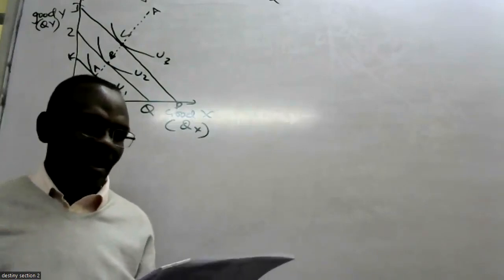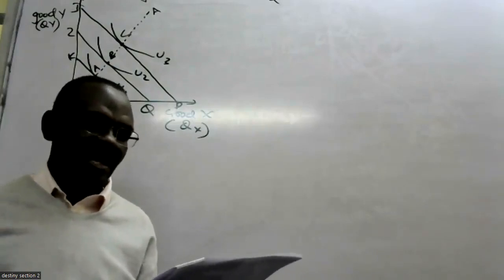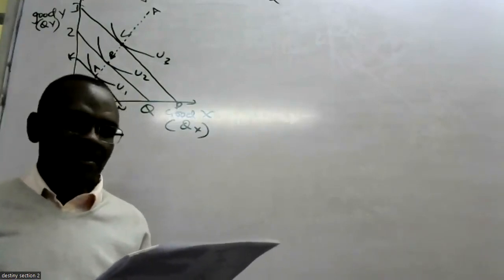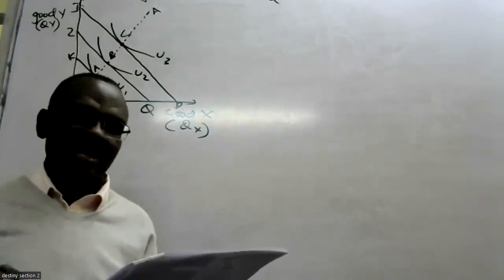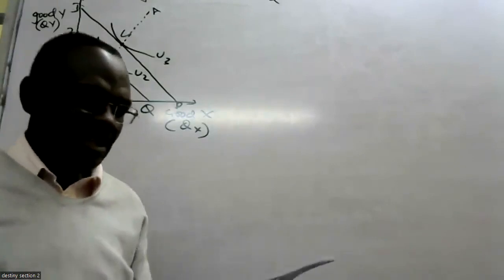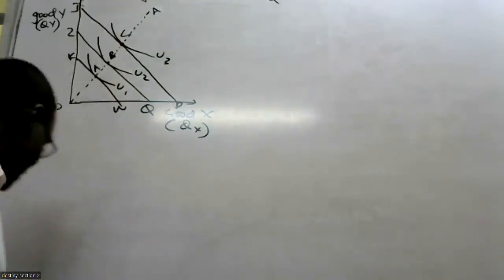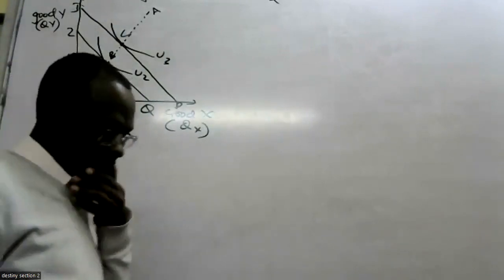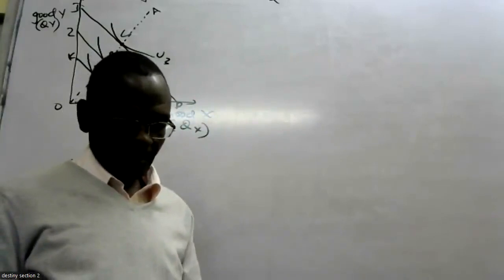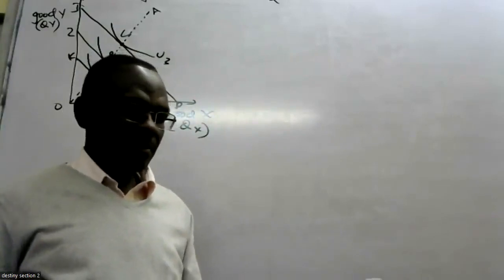If the consumer's income were to fall, the budget line would shift to the left to KW, where the equilibrium point is A. If the income were to increase, the budget line would shift to the right to JP, where the consumer's equilibrium will be at point C.